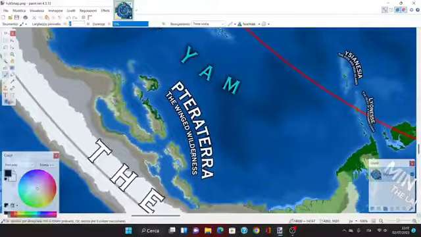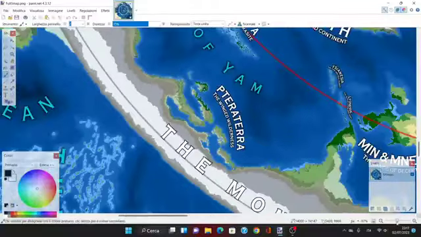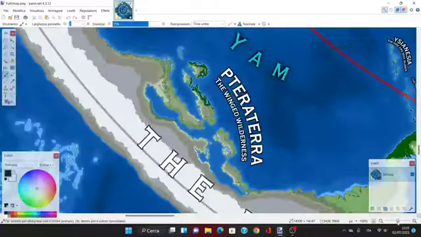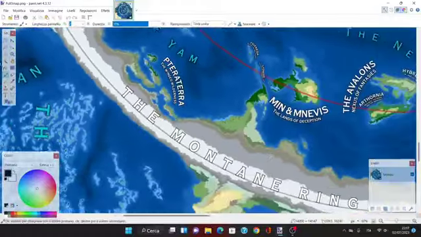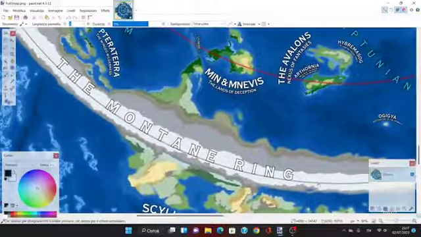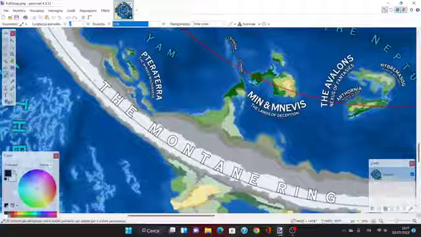And Ptera Terra was in fact originally in the map we focused on the last time basically kind of an island chain or something like that, but as we can see here, it is part of the second ice walls, which by the way are called the Montane Ring. I'm not really sure how to pronounce this, honestly.